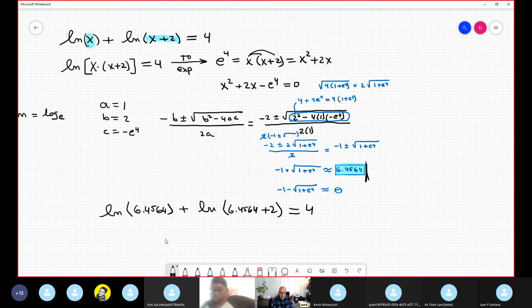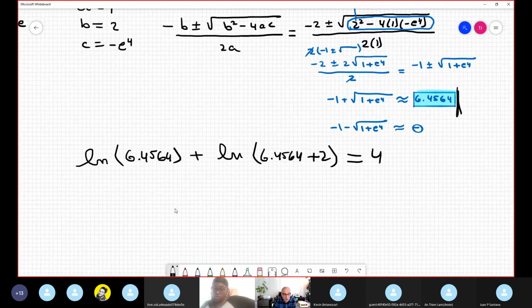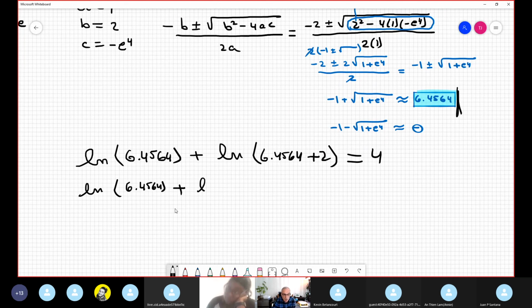Wait, before that, why not? You condense. So actually, this is logarithm of 6.4564 plus logarithm of 8.4564, because 6 plus 2 is 8.